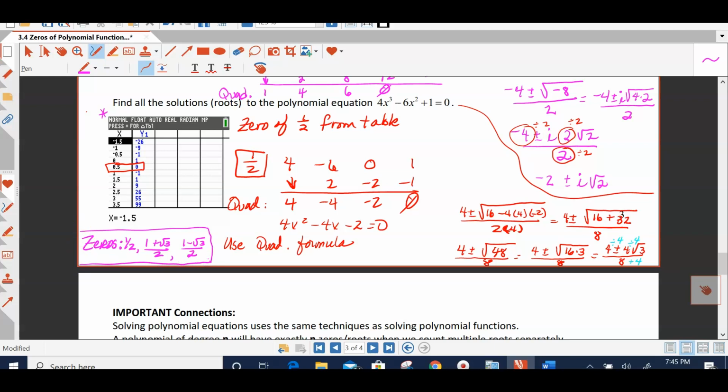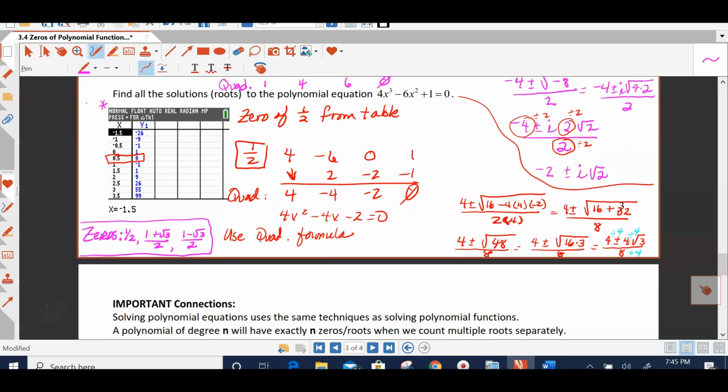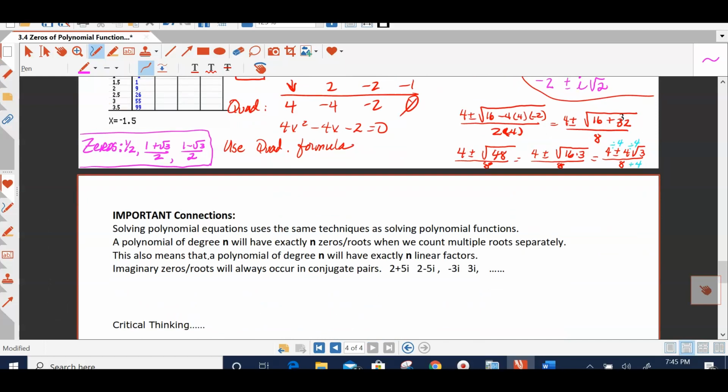Let's just wrap it up with some important connections. When you're solving polynomial equations, you're going to use the same techniques as solving polynomial functions. If you have an nth degree polynomial function, it will have exactly n zeros or n roots if we're working with an equation.